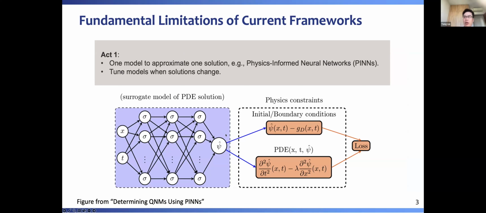Here we are using a neural network to solve the wave equation, and the input of the neural network is the spatial temporal coordinate, and the output represents the corresponding function value. And the training of the neural network is essentially induced from the PDE and also the initial and boundary conditions. So this paradigm definitely achieved a lot of success, but we still have to retrain the model when the solution function changes, right? Because we're using the neural network to approximate the solution function.